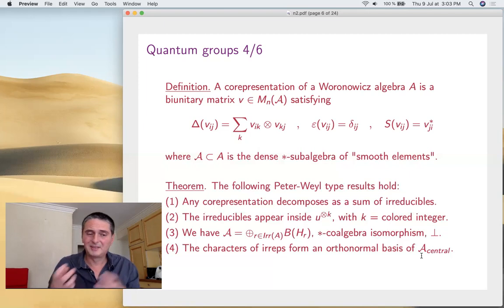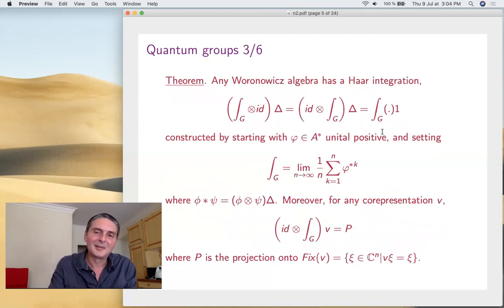Now, as you see, these things are intertwined, because when you want to state Peter-Weyl, here you have orthogonality, here you have orthonormal, so you need Haar here. And when doing Haar, you need co-representations in order to construct them. I mean, this theorem is exactly like this. It's not two theorems. In order to prove that things converge and have this property and it's independent of phi, you need to check this.